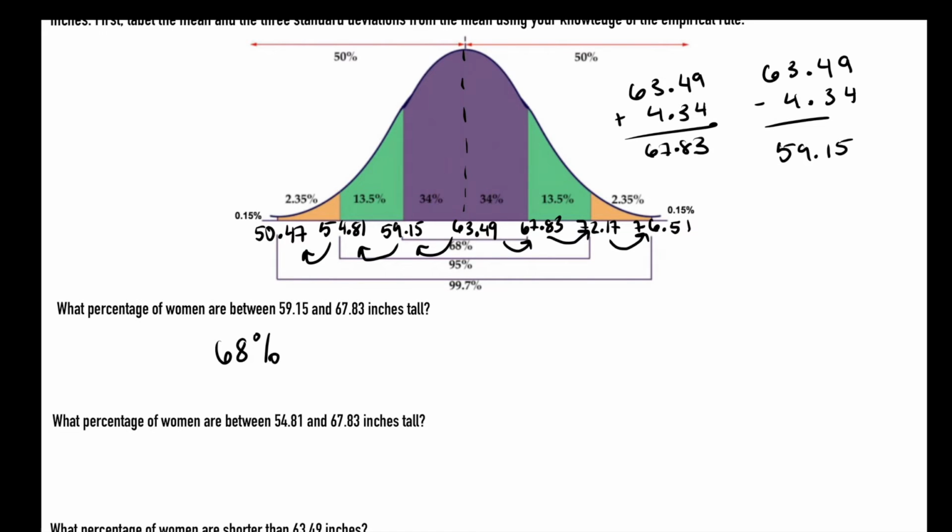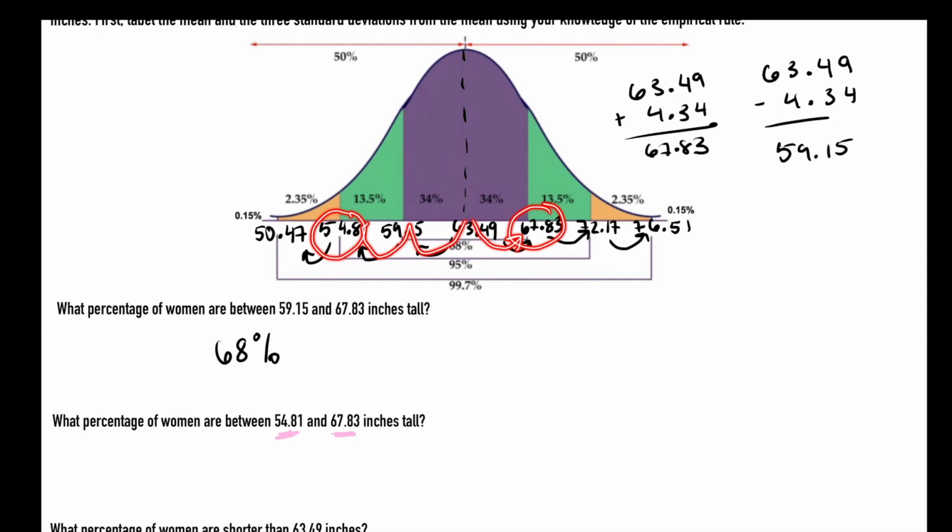What percentage of women are between 54.81 and 67.83 inches tall? So again, let's find 54.81 and 67.83. Now this one's a little different. Here, I move 1 standard deviation over to the right and then 2 standard deviations over to the left.